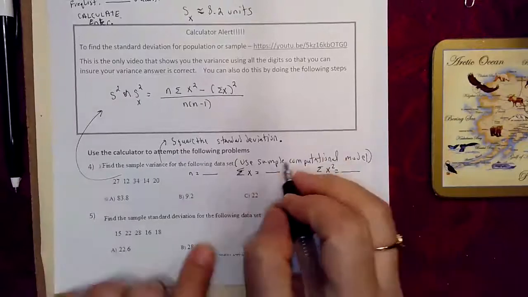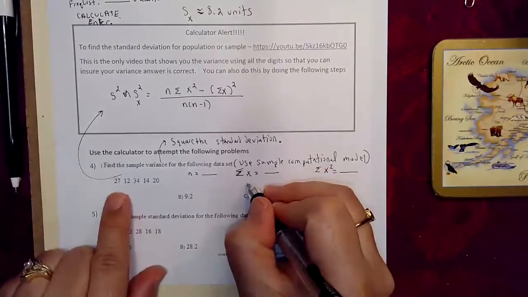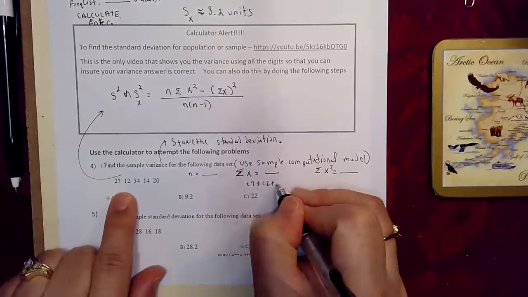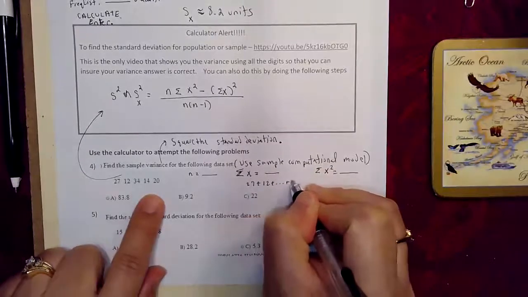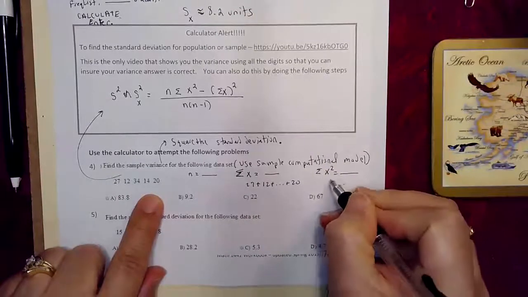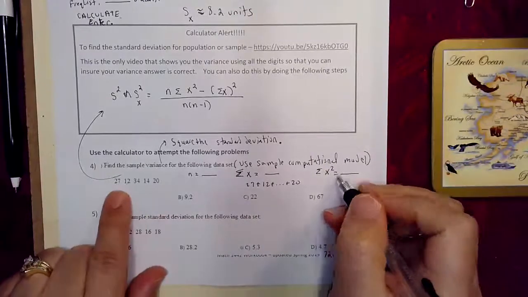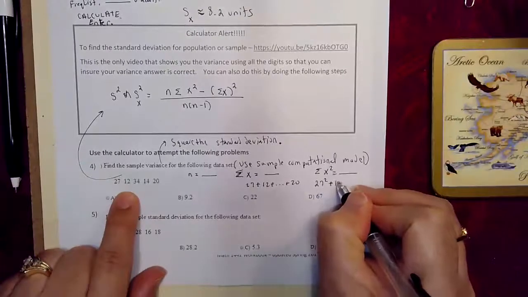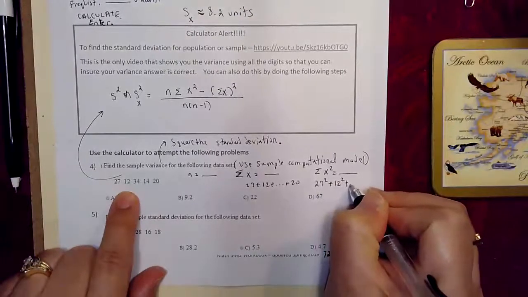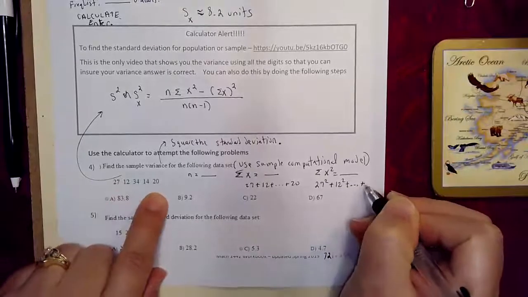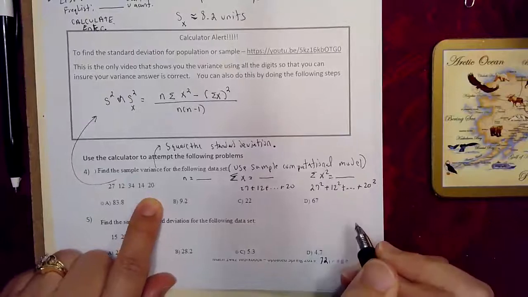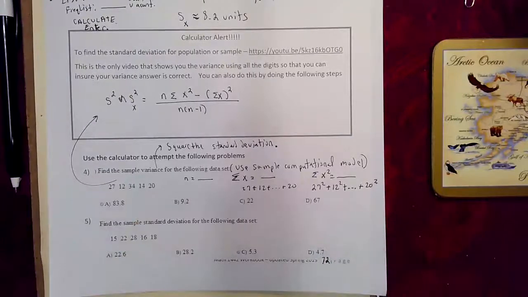So what summation of x is doing is it's taking 27 plus 12 plus dot dot dot all the way to 20. Whereas summation of x squared, it's taking 27 squared plus 12 squared plus, and so on, all the way to this last one, 20 squared. Okay, that's what it will be calculating.